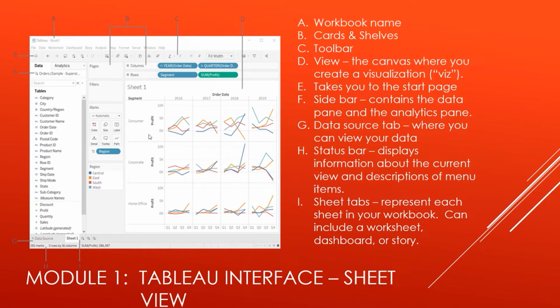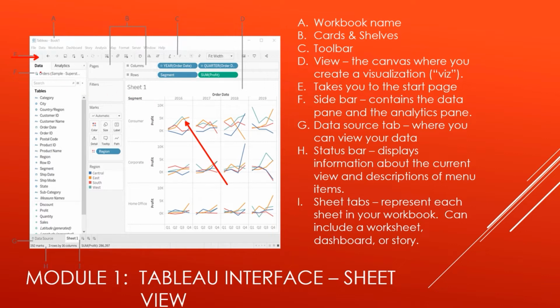In the middle of the screen, which would normally be called the canvas area, is actually known as a view here. You can call it the canvas. It's where you create your visualization by using the cards and shelves. The first icon on your toolbar will take you to your start page here.